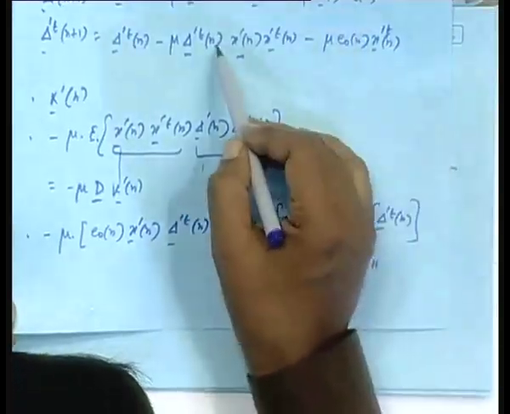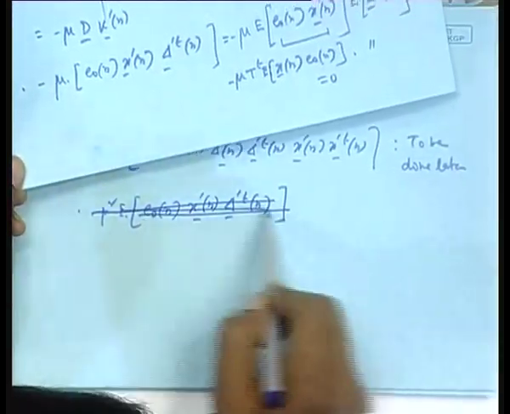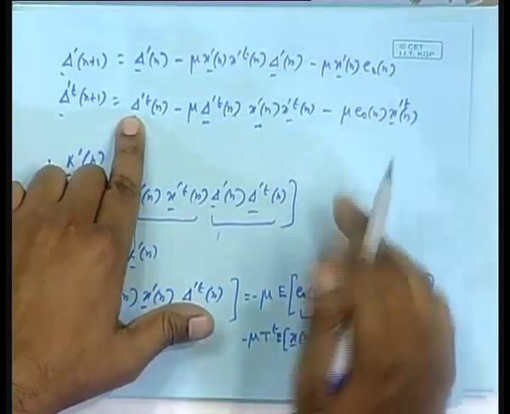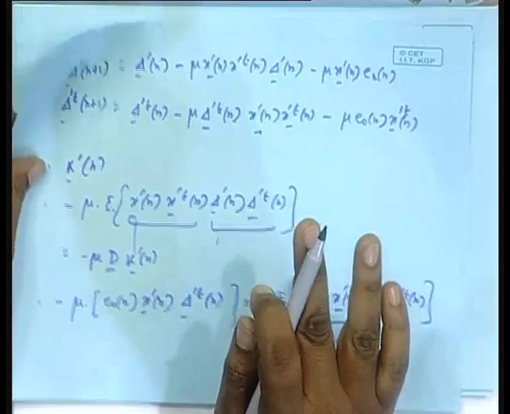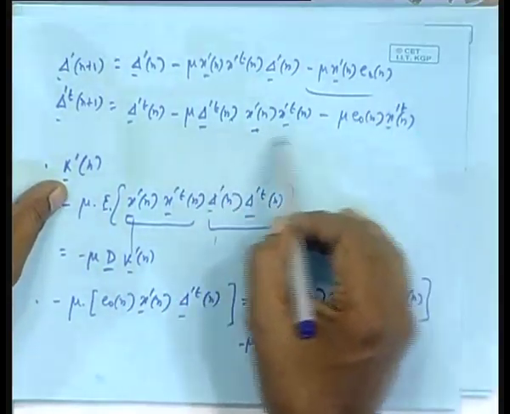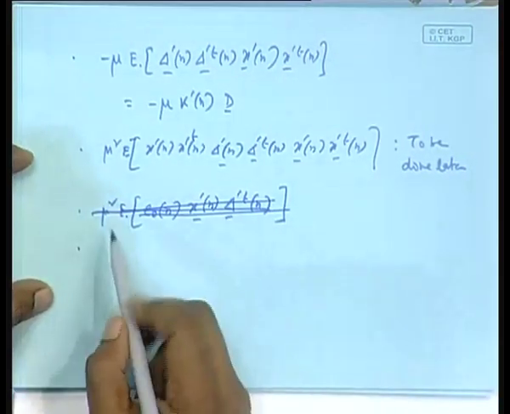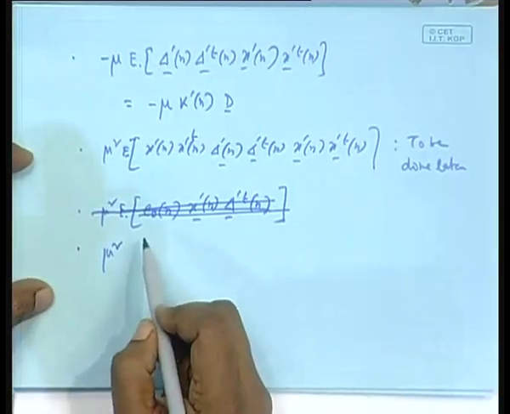Am I getting it correct? No, sorry, this will not come. This and this I have already taken care of. By mistake I was writing it again, so that is wrong. This with itself, this one is mu square. Okay, sorry. See how tricky it is; even I am getting confused.